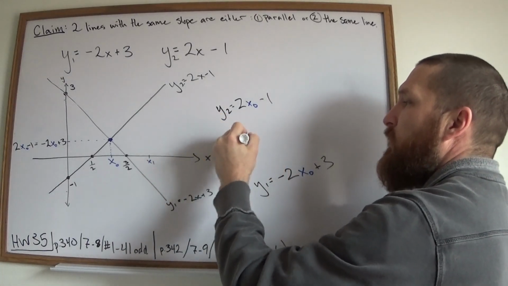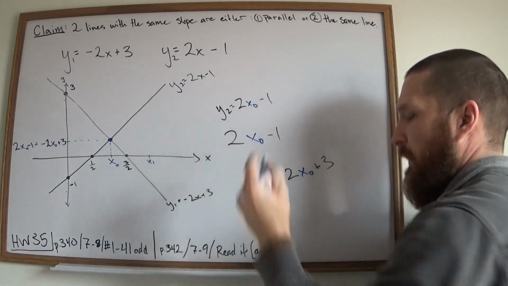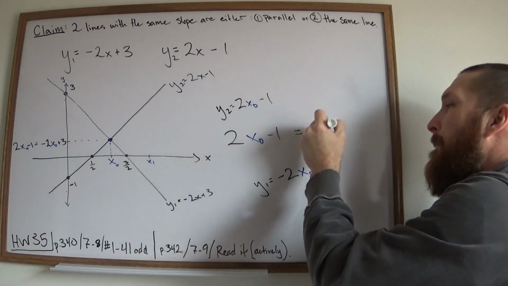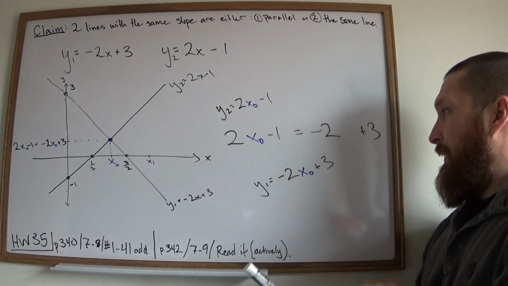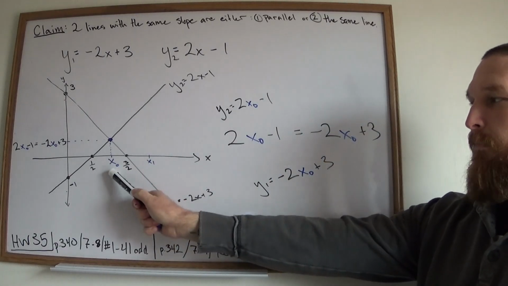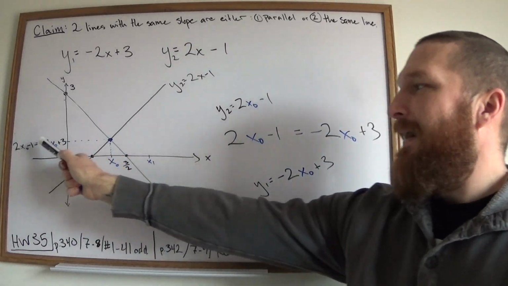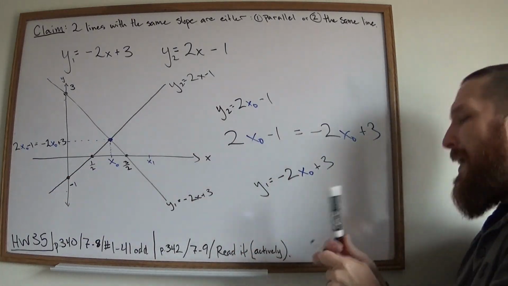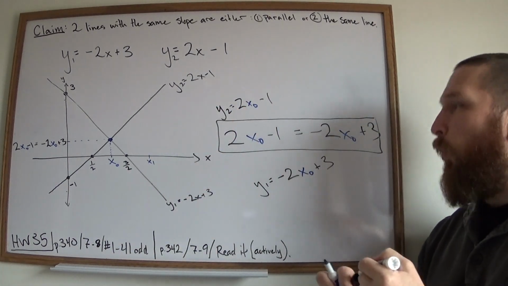That is 2x0 minus 1 has to be equal to minus 2x0 plus 3. That's what it means for two lines to intersect. There is some x value where when you plug it into the lines you get the same height value right there, and that is what we're equating here. Those two things must be equal.